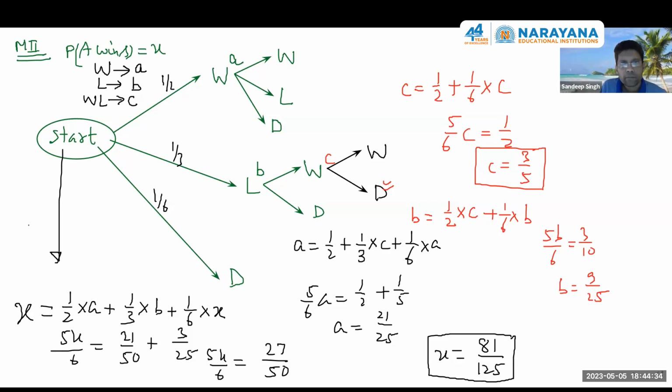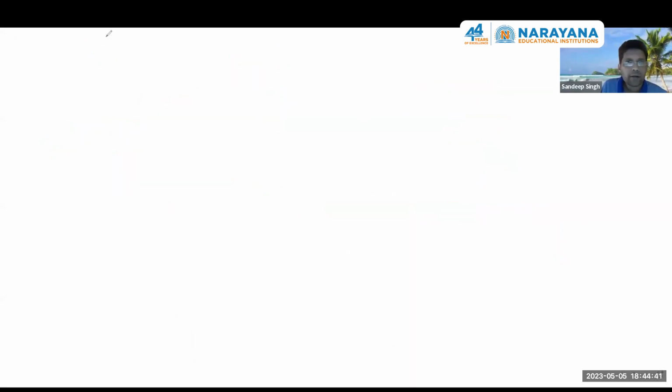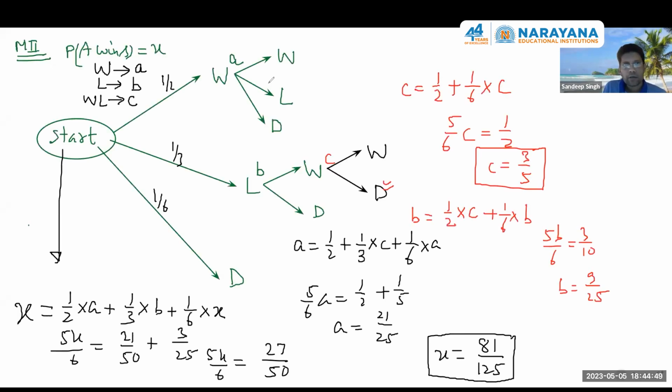Okay. Now, let me also share one more method for this problem. So this was basically based on recursion. This method, I can say, was based on recursion or loop. Sometimes we also say this is the loop method.